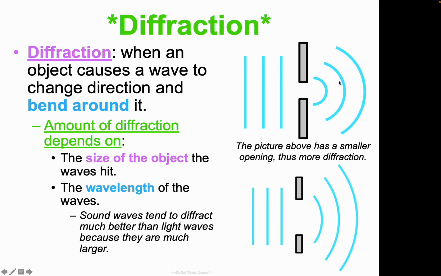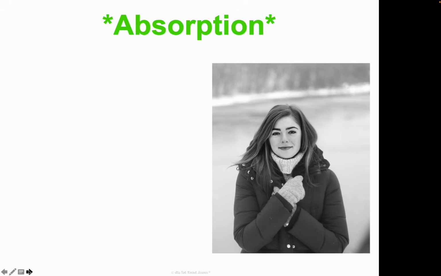And so we're going to see how the wave is diffracting more. So this is hitting this, and then it's going to have to bend as it goes through this. Whereas here, the opening is larger, so it's not having to bend as much. So the size of the object the waves are hitting, how big that gap is, and then how long the waves are, their size is going to also impact how much diffraction there is.